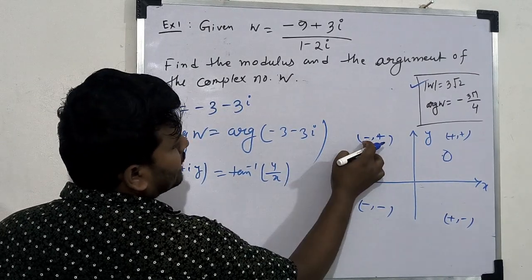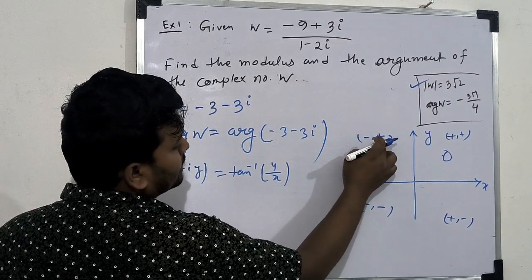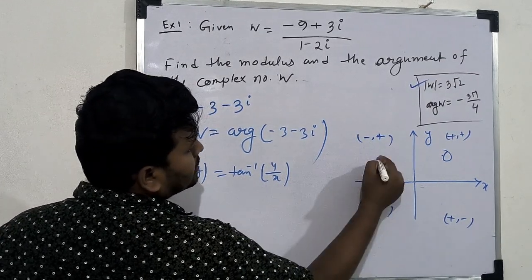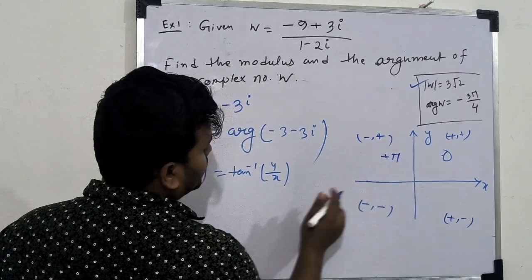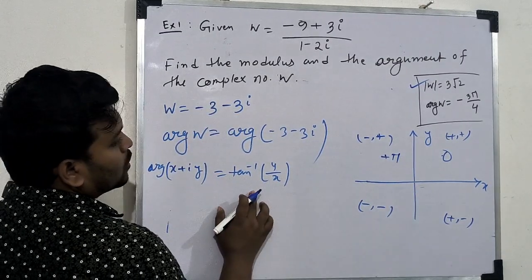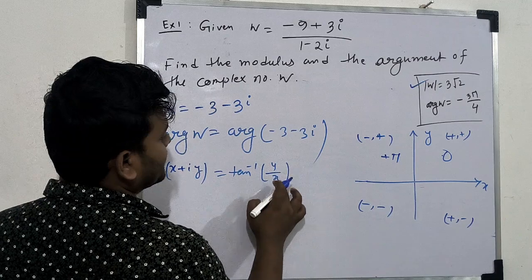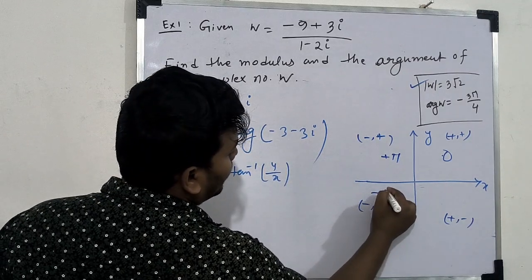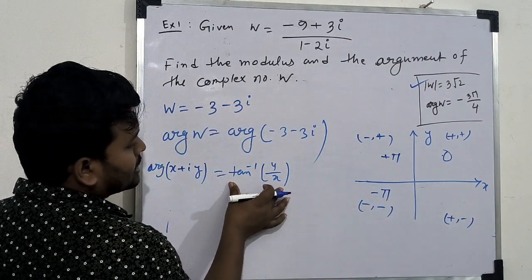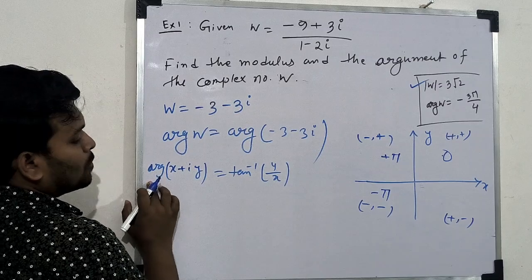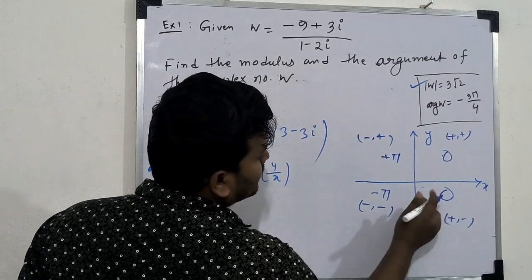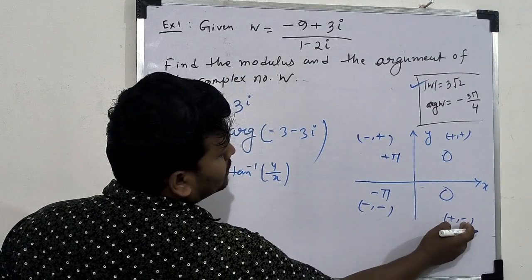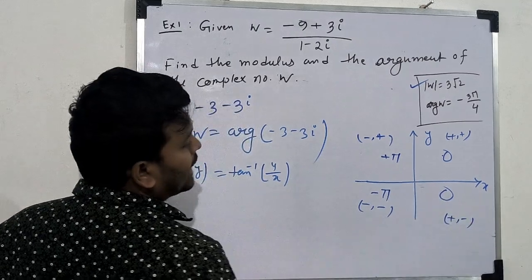When x negative and y positive, then we add plus pi. When x and y both are negative, then we subtract pi to get the argument. And when x positive y negative, then we add 0.